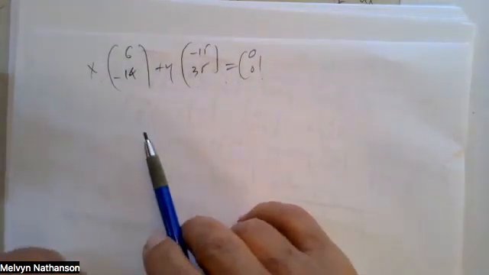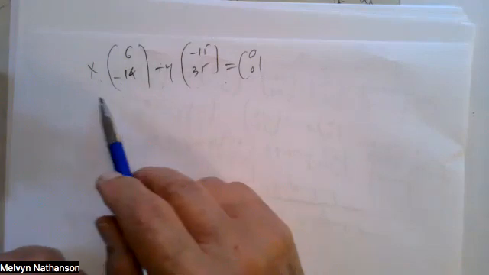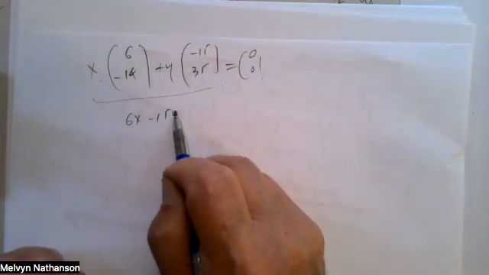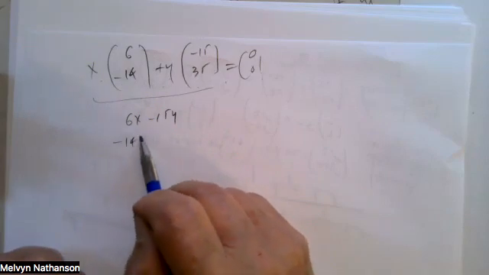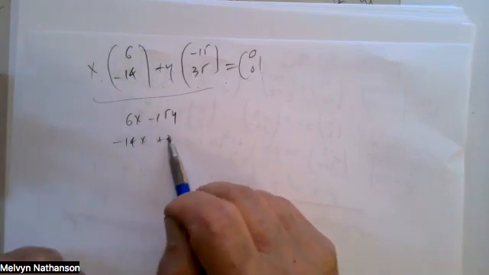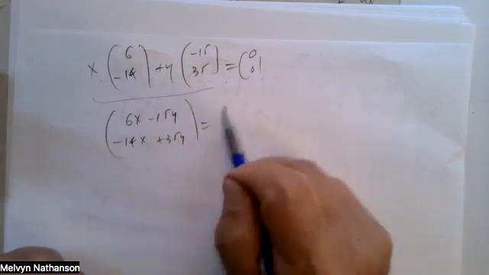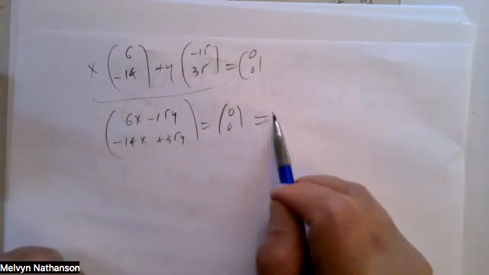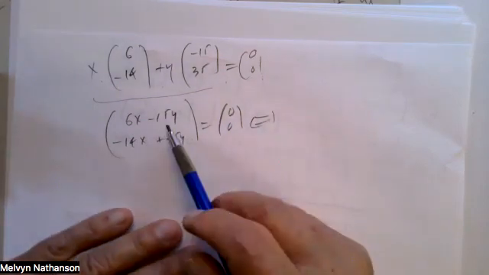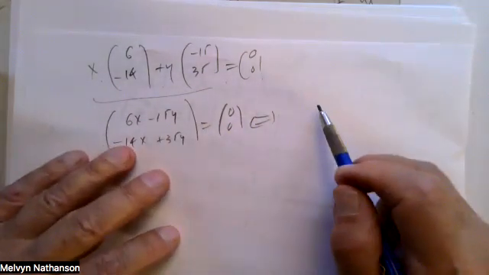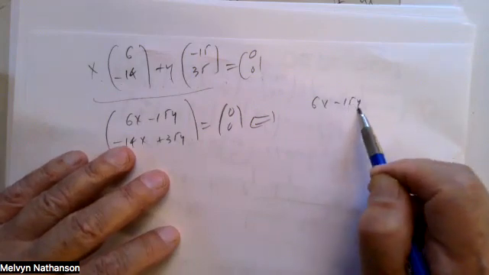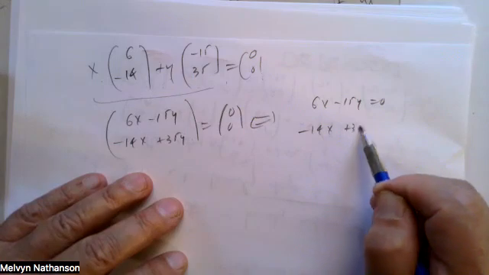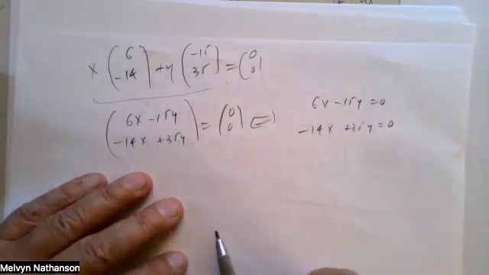The question is really whether there's another solution. This is the same as the vector (6x minus 15y, minus 14x plus 35y). So this vector equation is equivalent to looking for scalars x and y where 6x minus 15y equals 0, and minus 14x plus 35y equals 0.